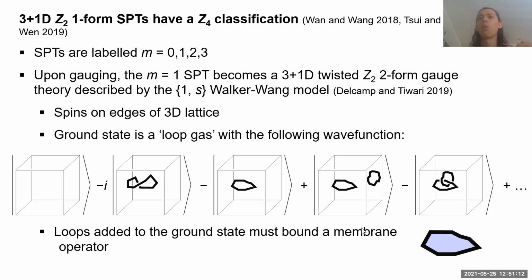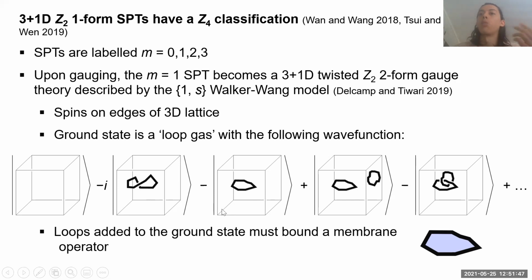So the Walker-Wang model is a spin model with spin halves on the edges of a 3D lattice, and the ground state is an equal weight superposition of closed loop states with phase factors that are assigned according to the topology of the loops in a particular state. So there's a factor of i associated with twisted loops.